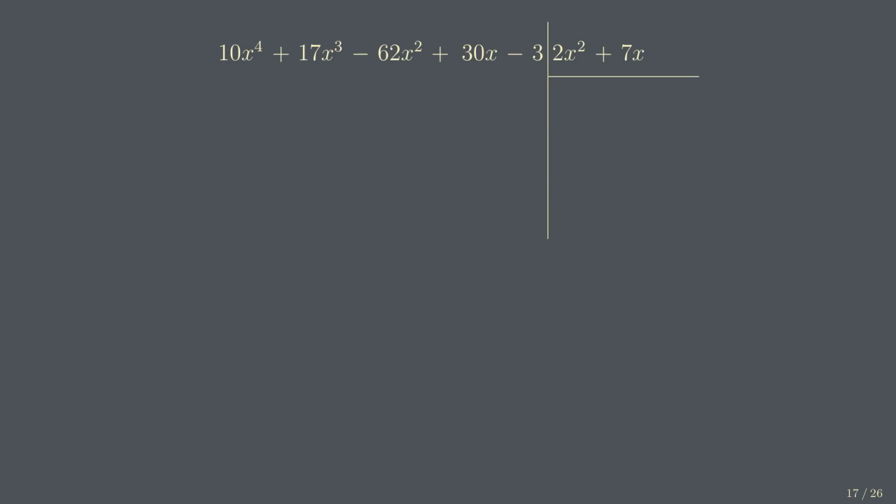Now take a look at an example to see how it works. Here you have a polynomial function of degree 4 on the left and another one of degree 2 on the right. The left one is f(x) in this case, and the right one plays the role of g(x). If you want to divide f(x) by g(x), you just need to take the highest term of f(x) and divide it by the highest term of g(x), and you get the answer, which is 5y squared.